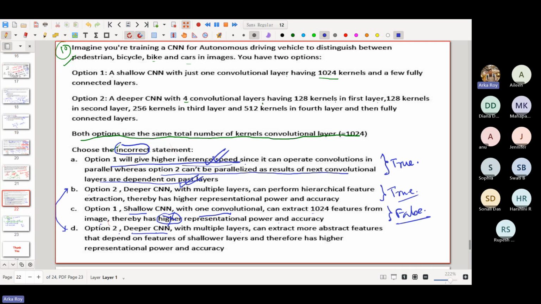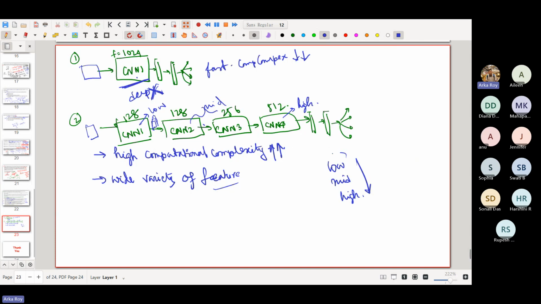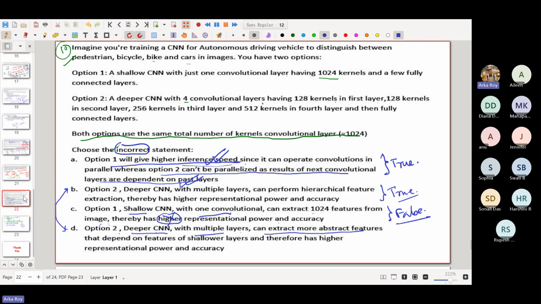Deeper CNN with multiple layers can extract more abstract features, meaning that it can extract an ample amount of features from the CNN layers. So this is also true. That means your incorrect option is option C. So option C is the correct answer for this. So any query?